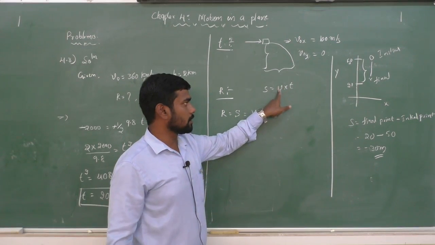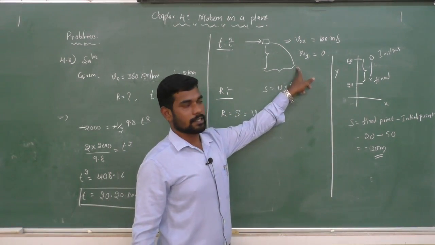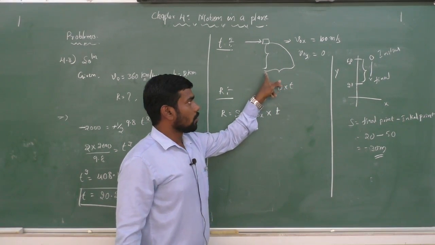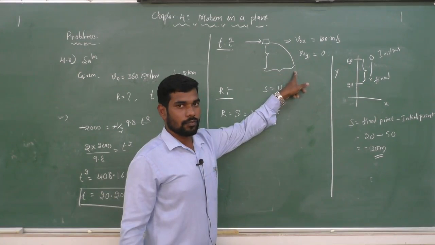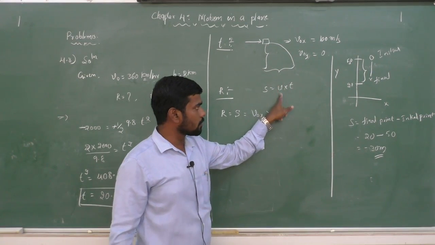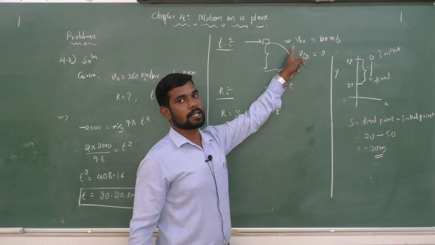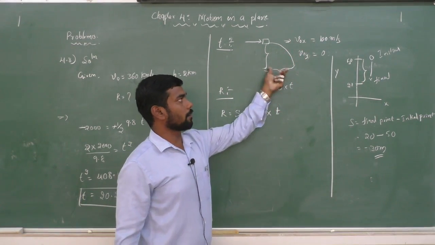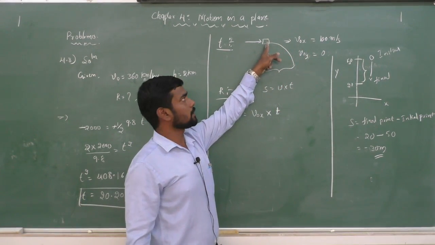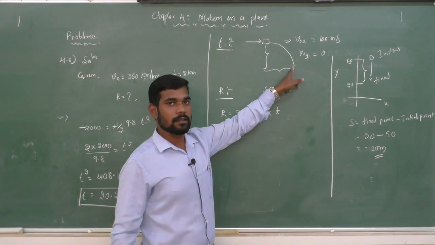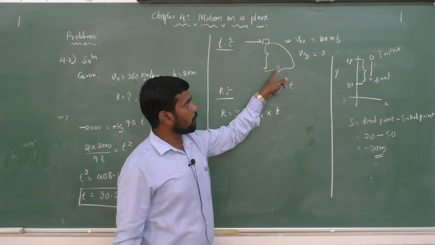Here we have to find the horizontal distance, so we should take the horizontal velocity. What is that horizontal velocity in this case? As I explained, it is VOX into time. The same time taken by the object to go from here to here will be taken from this point to this point.